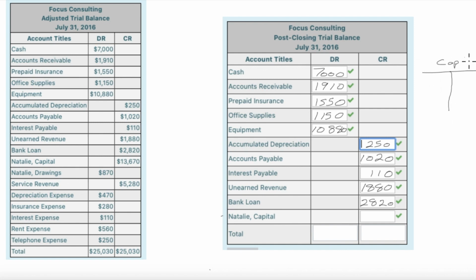So capital. And capital, as we know from LCRU, is a minus and a plus. So we know that our current capital from here is 13,670.